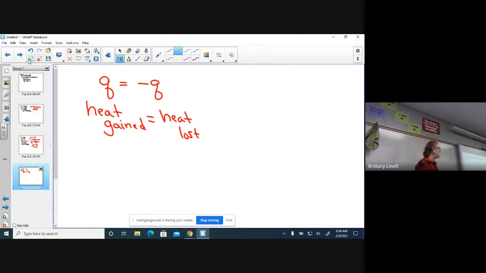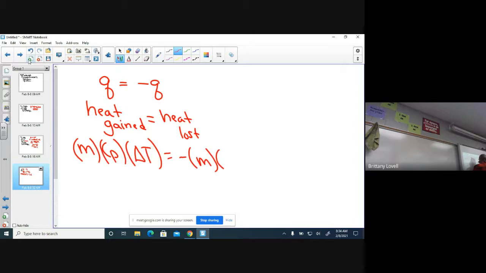So having said that, if we know that Q is equal to negative Q, couldn't you also say that those formulas are equal to each other? Couldn't you say that the mass times Cp times delta T would be equal to negative mass times Cp times delta T?